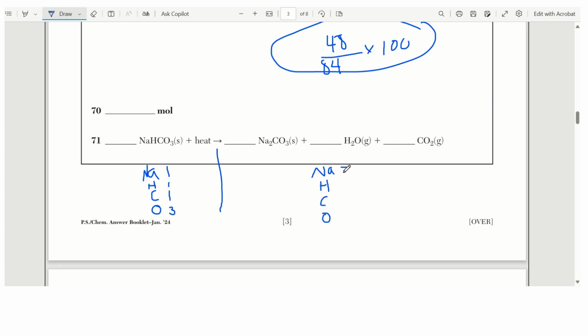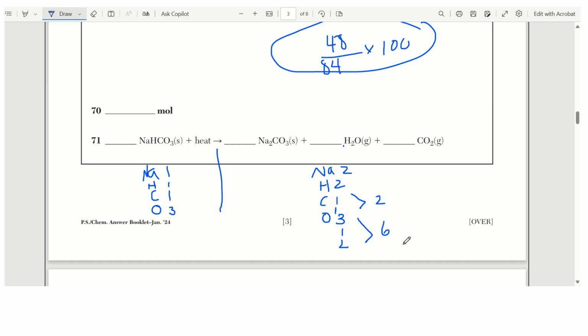On this side I have 2, 1, 3, 2, another 1. Here I have another 1, and then 2. Oh my goodness gracious. So this is 2 total carbons, right? And this is 6 total oxygens. Oh, good gracious. This is a hot mess, right?